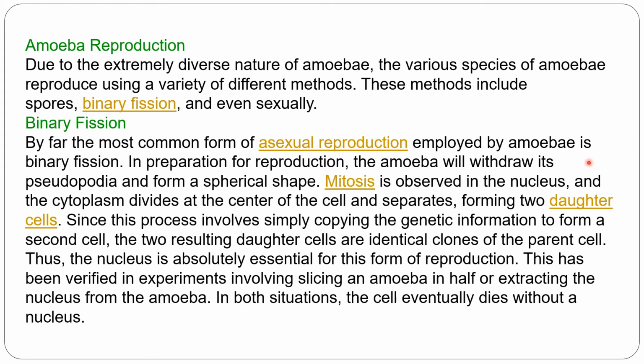Thus, the nucleus is absolutely essential for this form of reproduction. This has been verified in experiments involving slicing an amoeba in half or extracting the nucleus from the amoeba. In both situations, the cell eventually dies without a nucleus.